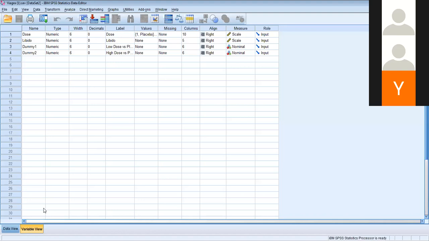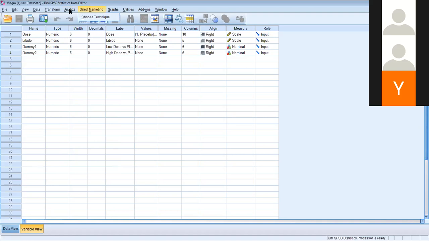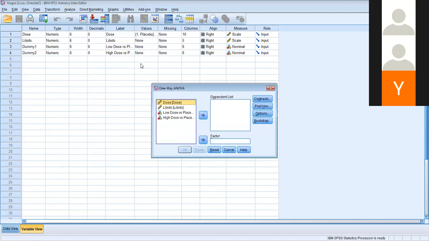Go to analyze. When the first one runs, we now run regression. Go to compare means, one way ANOVA.